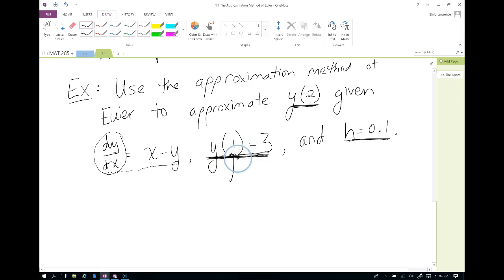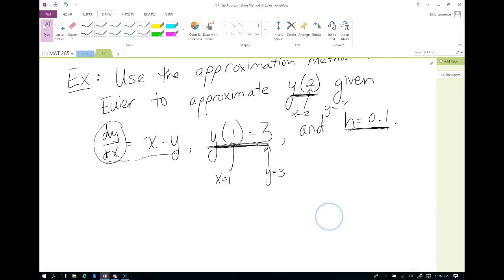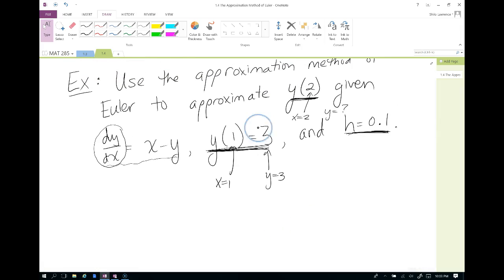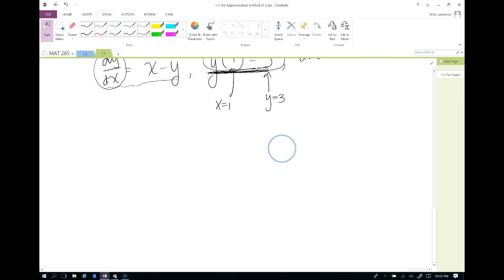So right now I have x equals 1, y equals 3, and I want to get to x equals 2 and figure out what y equals. To get from x equals 1 to x equals 2 with a step size of 1/10, I'm going to have to take 10 steps. When we set up our table, though, we typically start with n equals 0, because what they give us is x sub 0, y sub 0.